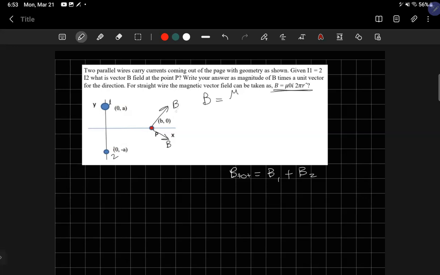So this one's going to be 1, 2, 1. Negative A. One second, I'm confusing myself.